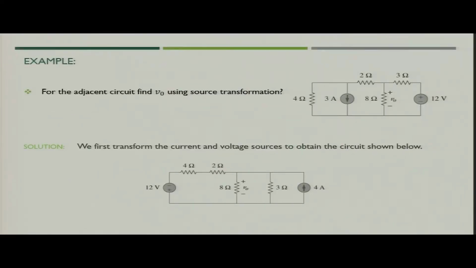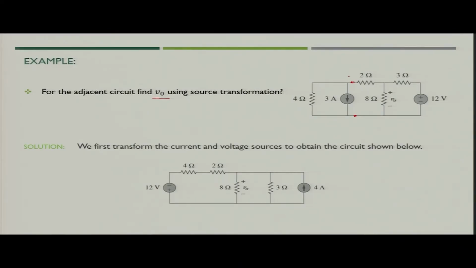Now, let us take one example so that you can understand the source transformation concept. Suppose the circuit is given like this and you are asked to find the voltage V naught, which is across 8 ohm. How will you solve it?